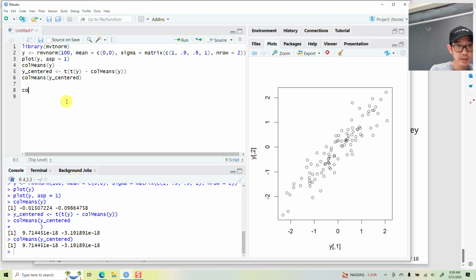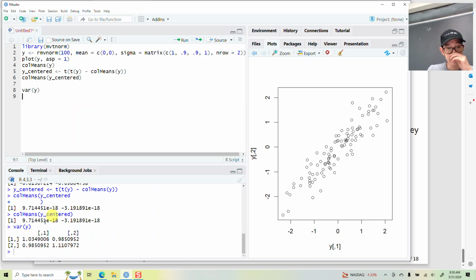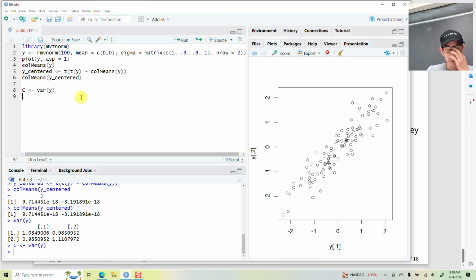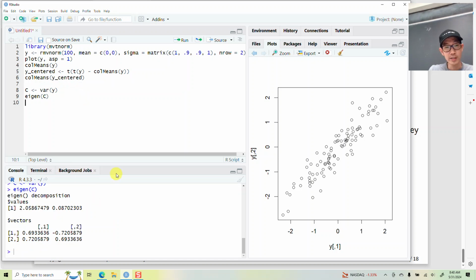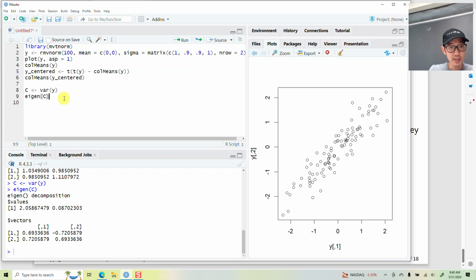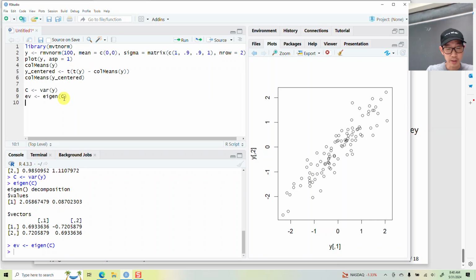My covariance. So if I ask for the covariance matrix of y, this is my covariance matrix, and I'll call this capital C. And all right, so now I can call, what are the eigenvalues and eigenvectors of C? We'll call this EV. Okay, and my first eigenvector is going to be 0.69, 0.72.